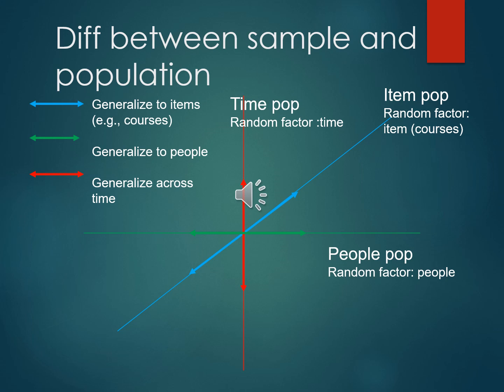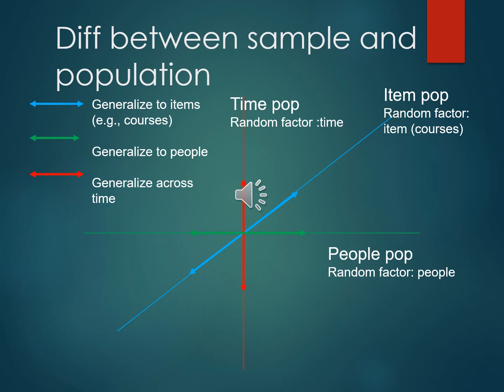Population can extend the generalization across time, which is like the example of your weight across different times. In that case, your sample should extend on time, like your weight measured in the morning, daytime, and so on. So 20 times a day, 30 times a day, that's your sample.